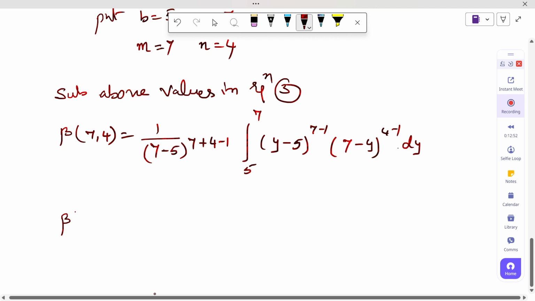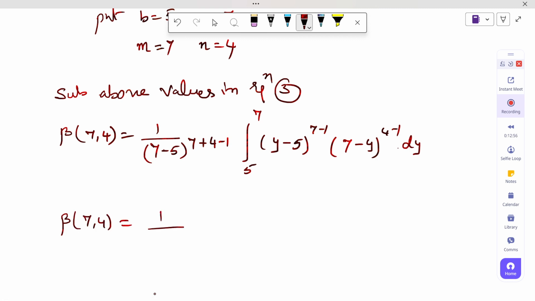Beta of 7 comma 4 is equal to 1 divided by (7 minus 5), which is 2, to the power of 7 plus 4 which is 11, 11 minus 1 is 10, integral from 5 to 7 of (y minus 5) to the power of 6, (7 minus y) to the power of 3 into dy.